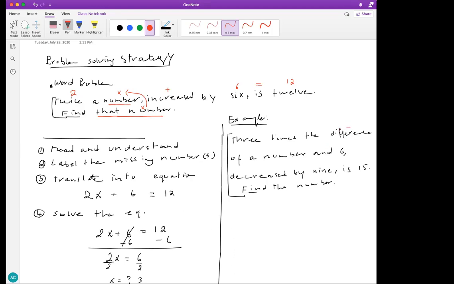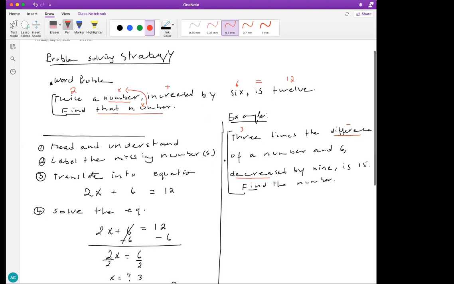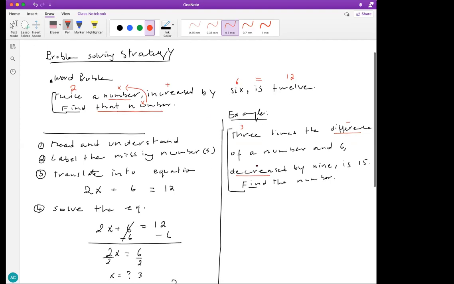That's right, it means subtraction. So 3 times means 3 multiplied by the number, then decreased by. What is decreased again? Subtraction. That's right, increase means plus or add, decrease means subtract, by 9 is 15. Find the number.